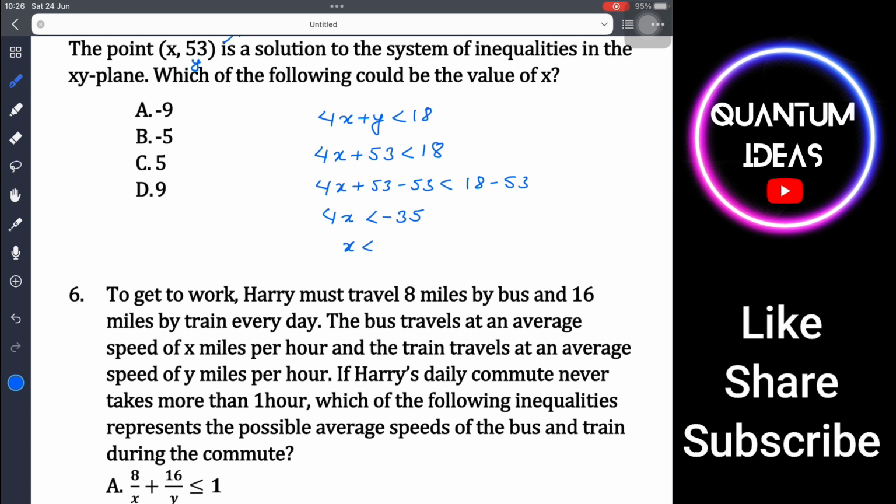So x is less than minus 35 over 4, which is minus 8.75. Now, what is the value of x? We can see x is less than minus 8.75, so the answer choice that is less than that is minus 9. So minus 9 is our answer.